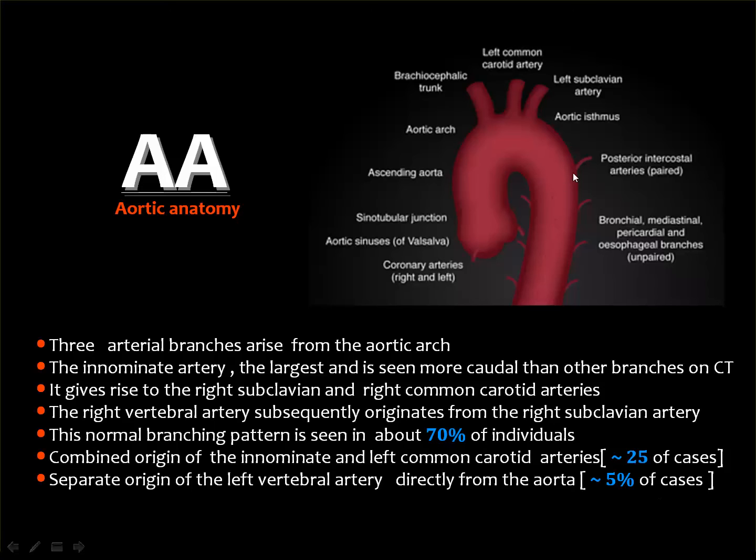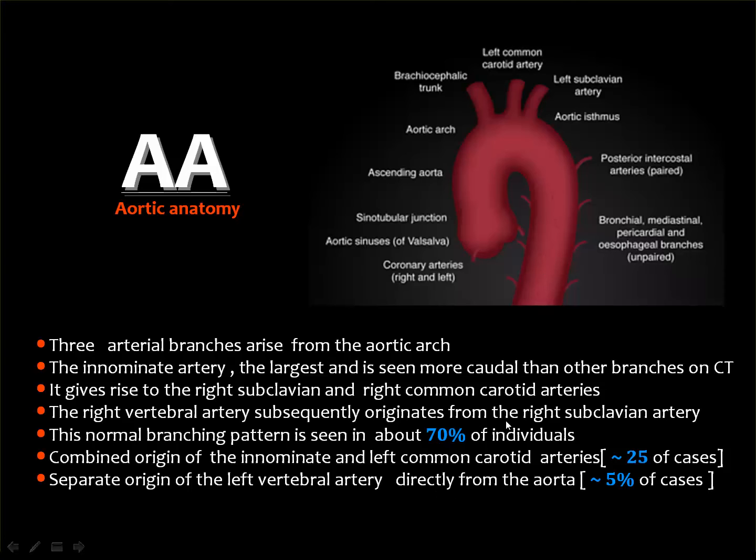Sometimes the left common carotid artery and the innominate artery originate from the arch of the aorta by a common origin, and this is seen in about 25% of the cases and is known as the bovine arch.